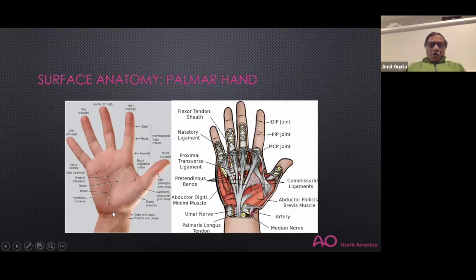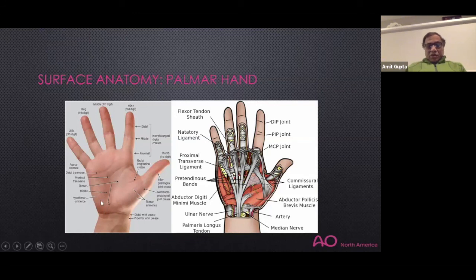If you stay in that line, you will be ulnar to the nerve. Then you'll also see a fat pad, the hypothenar fat pad. You should keep away from it because all the hypothenar structures are in there.